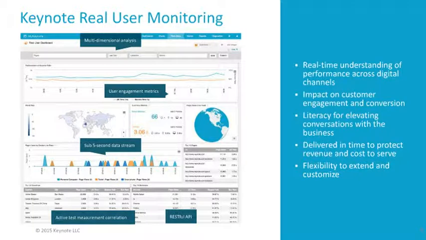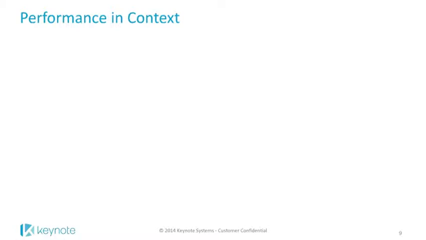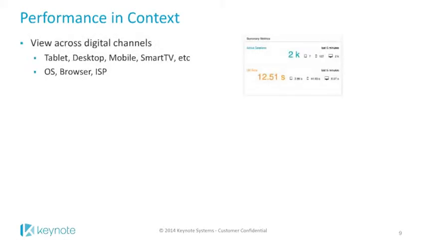You can see everything in real time, and you can correlate user engagement metrics like bounce rate, conversion, and exit rate for specific pages against performance from real users, and now for synthetic as well. You can start looking at different geographies, how they compare across different browsers, and maybe how their success rate is, in the same pane of glass as you're visualizing all of your synthetic measurements. So performance and context.